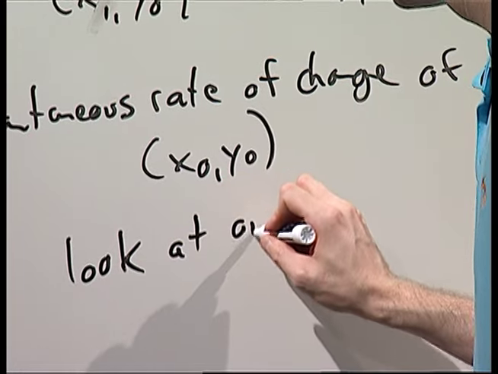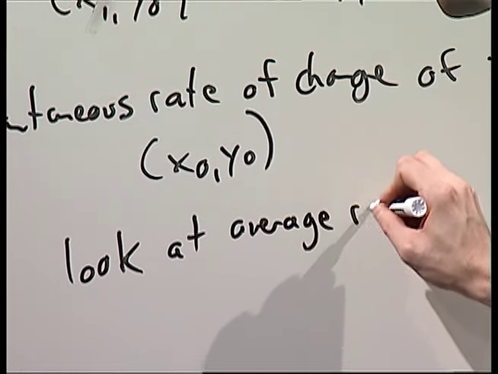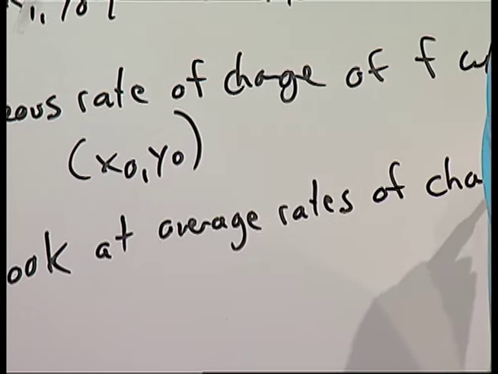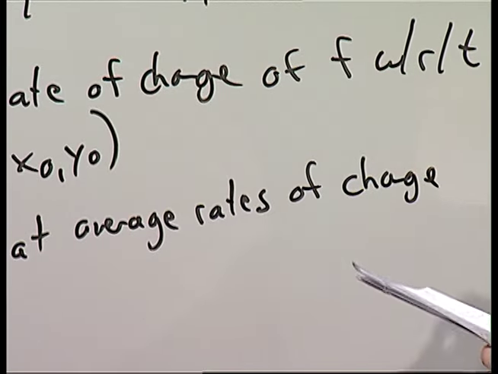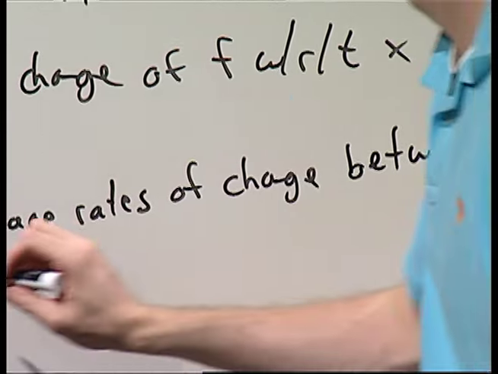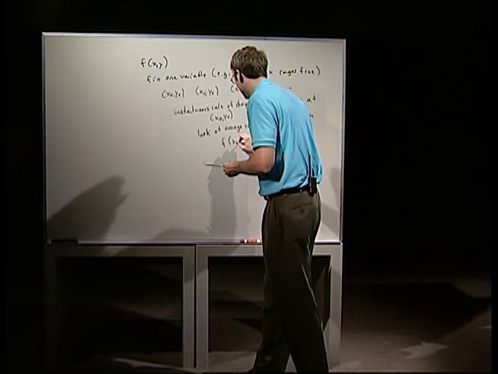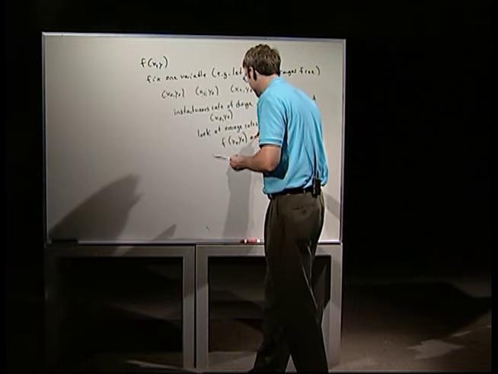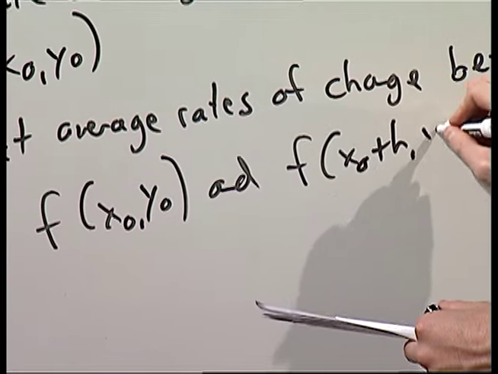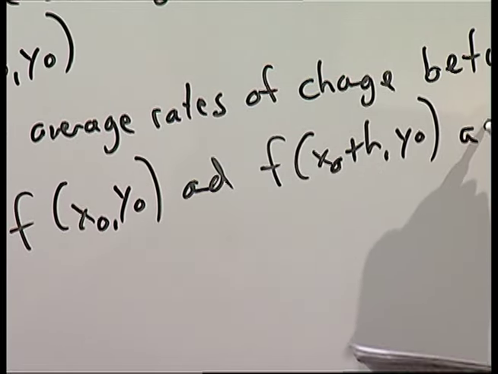Look at average rates of change between, say, f of (x0, y0) and some points close by. So there's not much new happening here as h goes to 0.